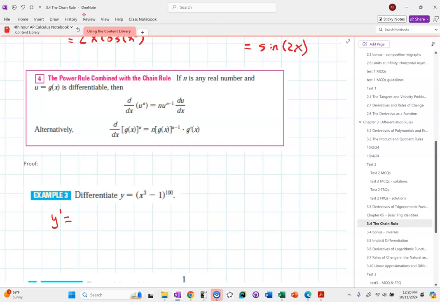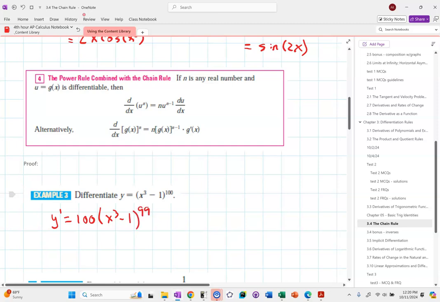So the derivative of the outer is 100 inner function to the 99th. And then I have times the derivative of the inner, which is 3x to the second. Again, you could stop here, or if you wanted to combine some like terms, I guess you could do this.